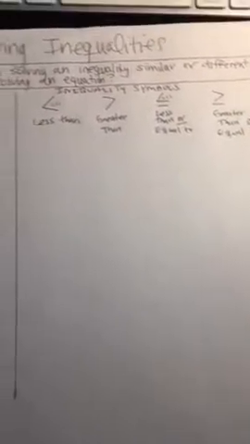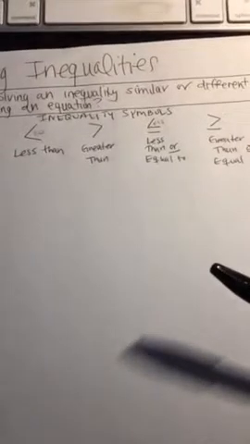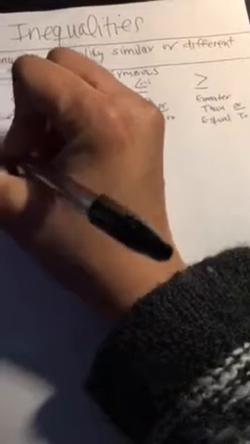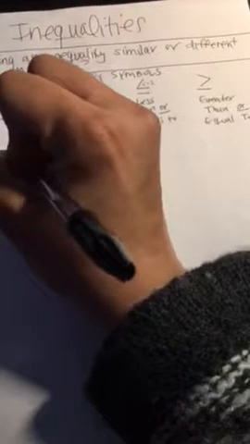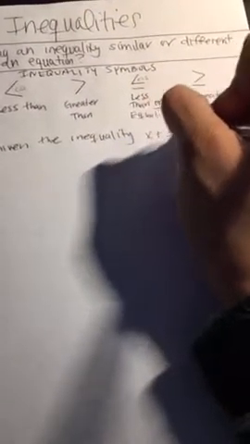Now, how do I use these inequalities? The first thing that I want you guys to think about is that they are very similar to equations. So I'm going to start with this example here. So given the inequality, I'm going to say x plus 3 is less than 2.